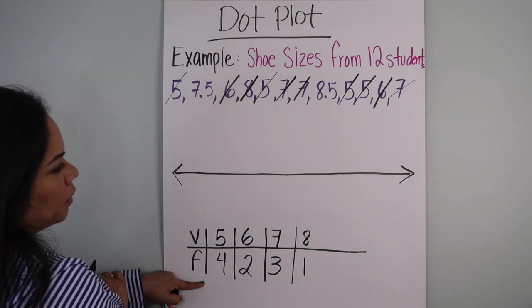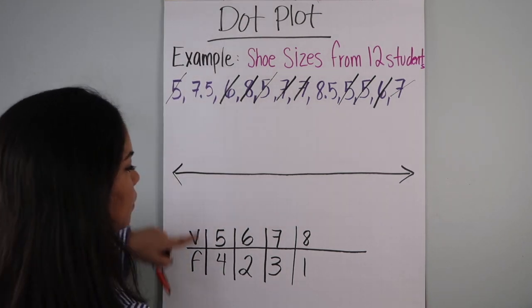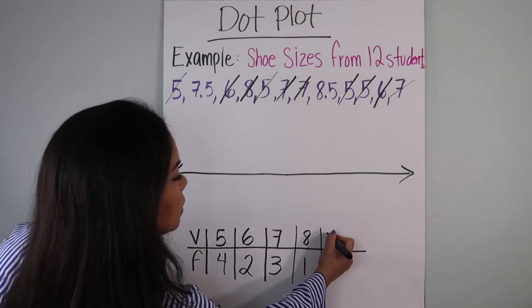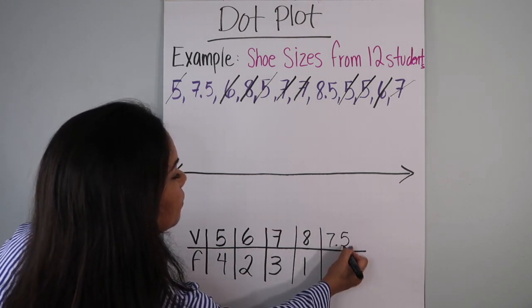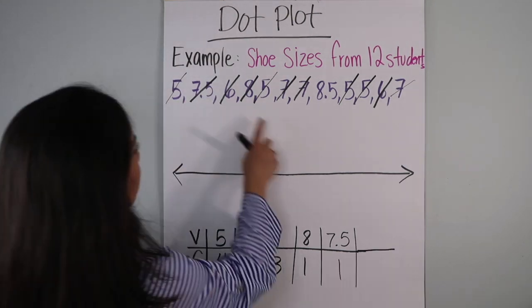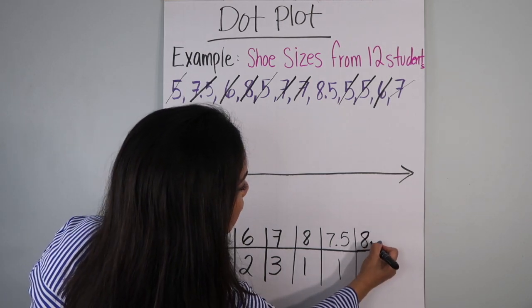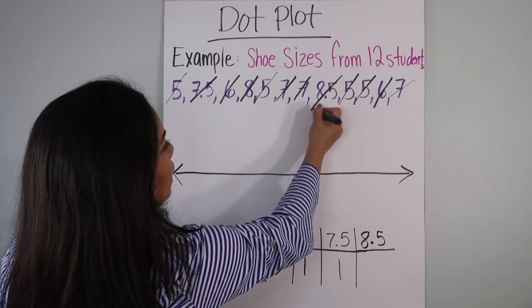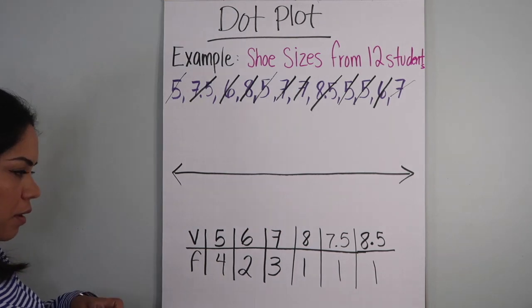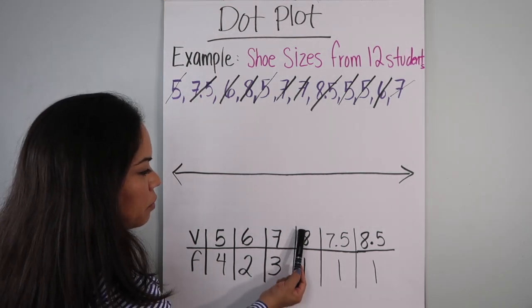Then the next number, I noticed that I skipped 7.5. I added at the end 7.5, and I only have 1. And the last number I have is 8.5, and I only have 1. Okay. I know I should have done it in order. I skipped this one. It should have gone right here.